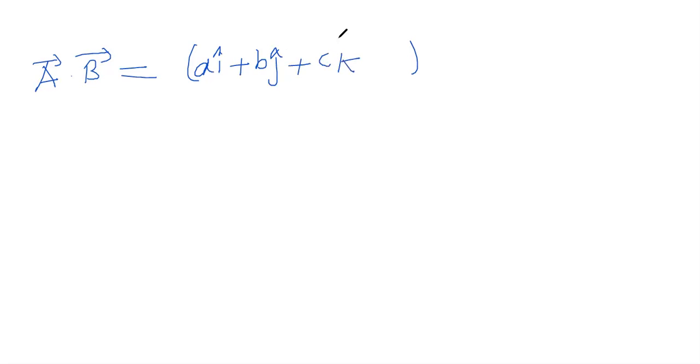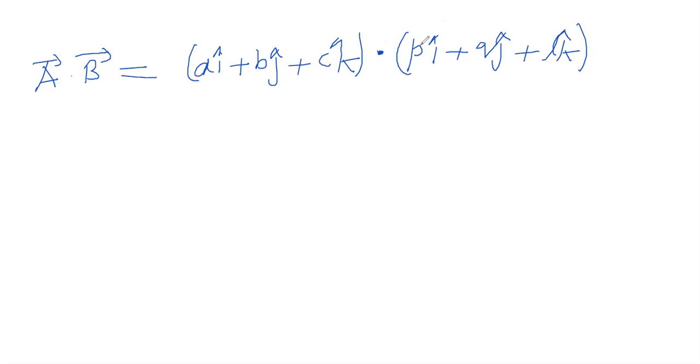First we should know why we are doing this. Let us take the whole multiplication of A bar dot B bar. I wrote A i cap plus B j cap plus C k cap, dot product, be careful here, with P i cap plus Q j cap plus L k cap.